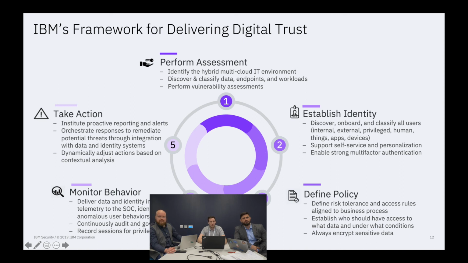You're monitoring ongoing behavior, building trust, and providing that user analysis over time to the right people, and then you take action again, and you dynamically adjust that policy on the actions taken from it based on your analysis and what you see going forward.